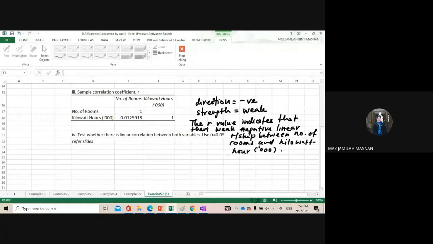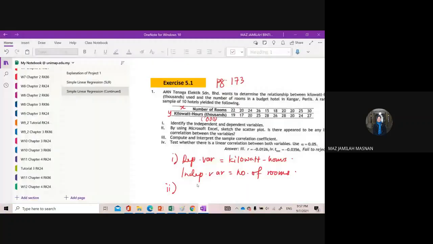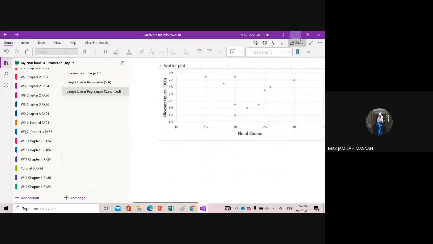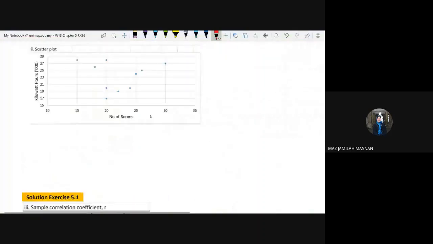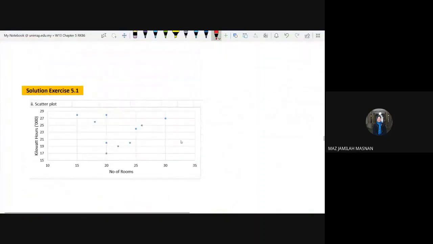Okay, class. Now, test whether there is a correlation between both variables. Use alpha 0.05. Let's go back to our slide just now. We have our scatter plot. If you base on this particular figure, it seems like you will have a positive direction.